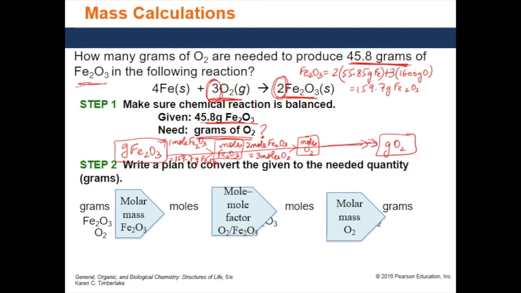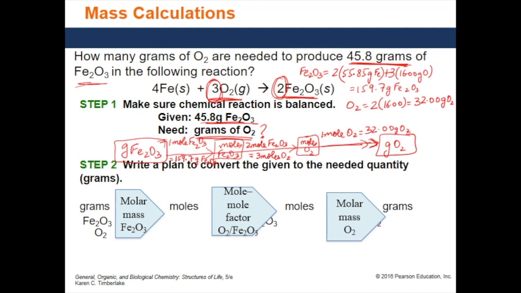Now once we have moles of oxygen, we can go from moles of oxygen to grams, again using the molar mass of oxygen. So 1 mole of oxygen. Here we'll figure out the molar mass of oxygen. Oxygen consists of 2 atoms of oxygen. Each atom from the periodic table is 16.00, which means it is 32.00 grams of O2. So that is our molar mass, and those will be our conversion factors.